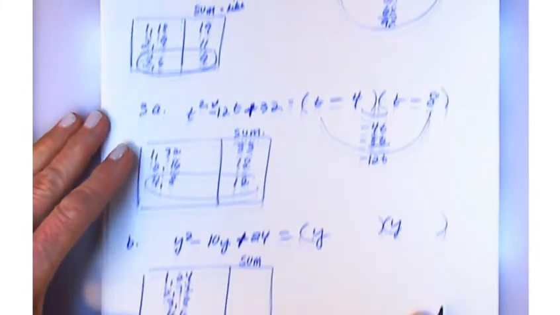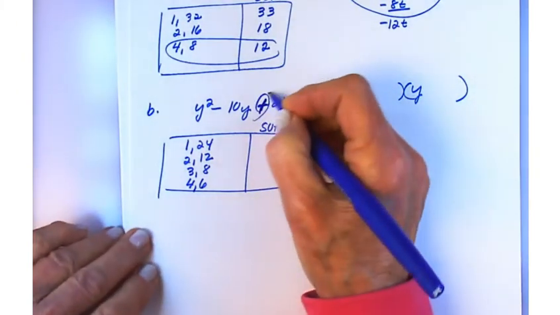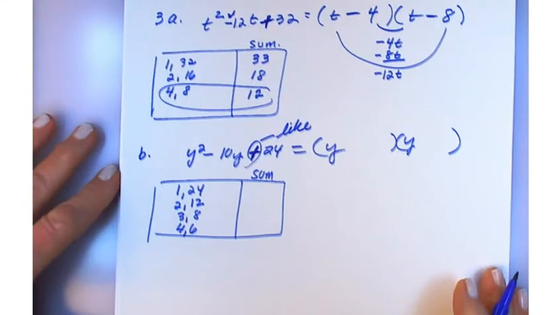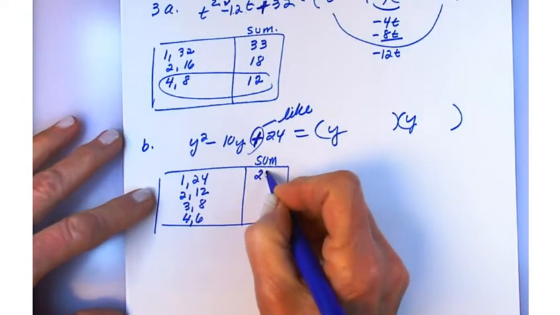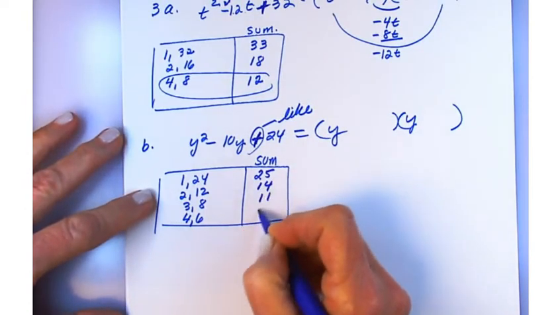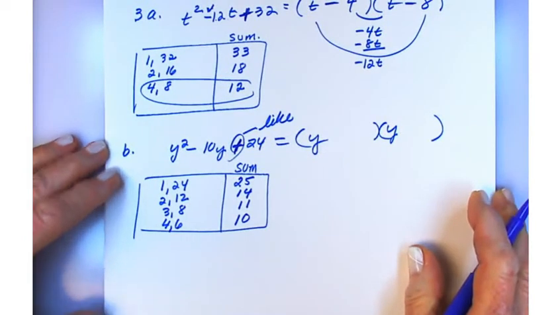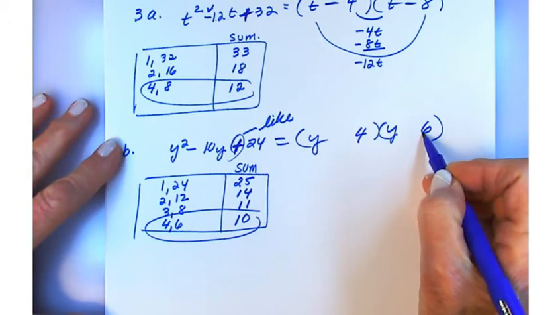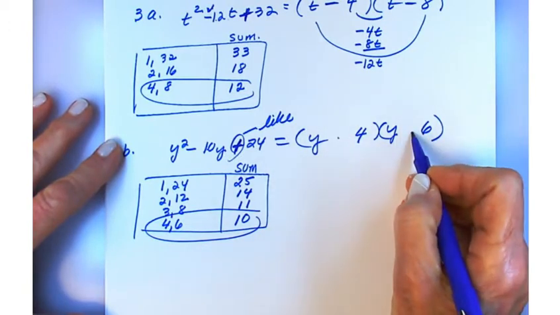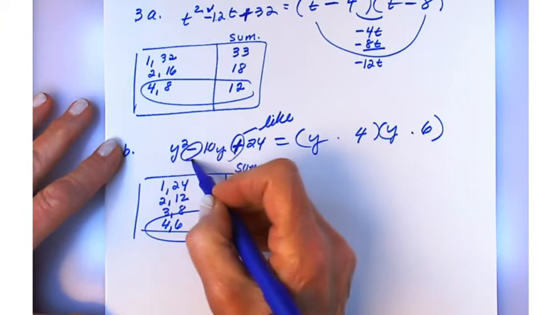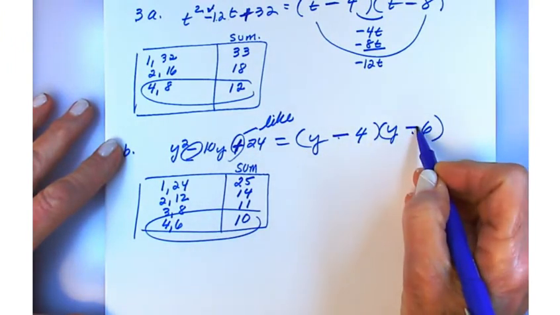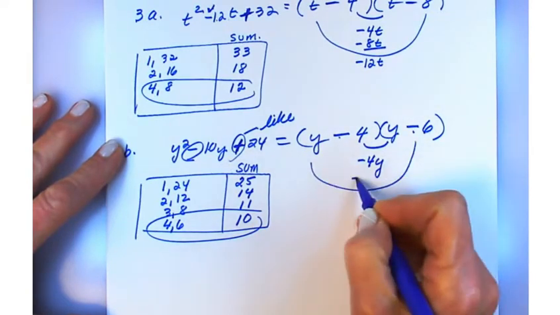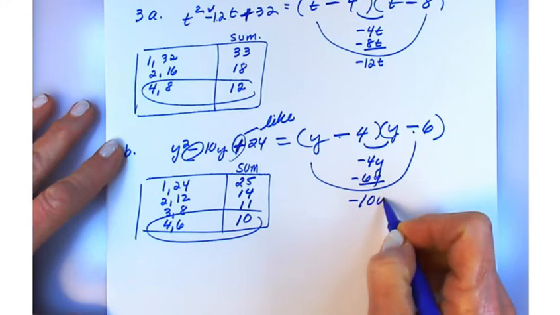Remember, if it's positive, the signs are like. If they're like, then it's a sum. So this would give me 25, 14, 11, and 10. I need 10. So I'm going to have 4 and 6. Should I use plus or minus? So I look here, that tells me I need to use minus signs. Check my scoops. Minus 4y minus 6y is negative 10y. And it looks like that.